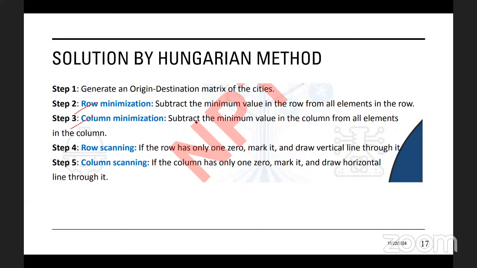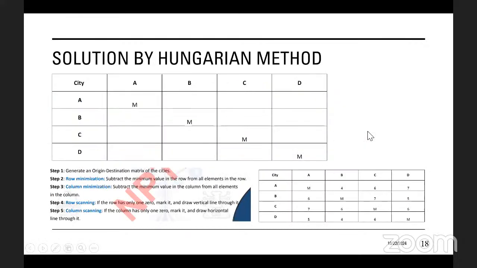Then we do a column minimization exercise, where we subtract the minimum value in the column from all the values of that column. Then we identify the zero values and select the least number of zero values that have been generated in that matrix. So we'll start with the row minimization exercise now.